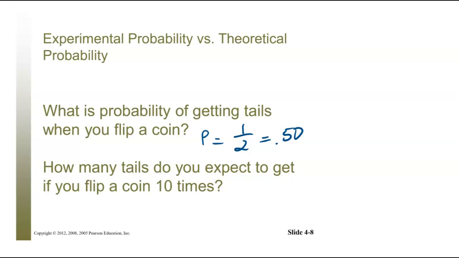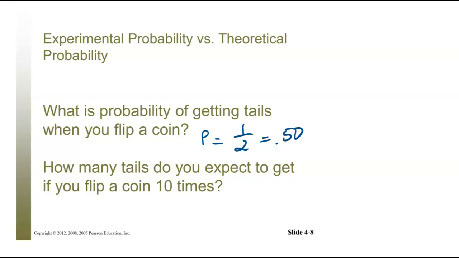It's still 50%. But now, if I asked, go ahead and flip a coin 10 times. Well, when you do that, some of you are going to get 2, some of you are going to get 3, most of you will get 4 or 5 or 6 tails during those 10 times, and in the rare chance you could get 1 or all 10 of them tails, but you're most likely to get somewhere around 5 tails.